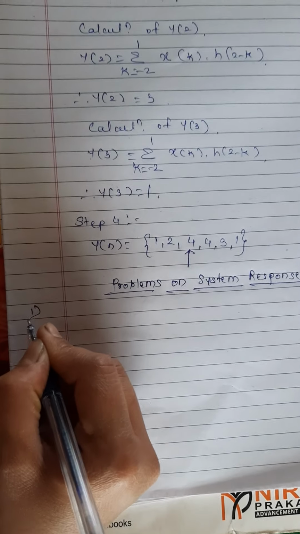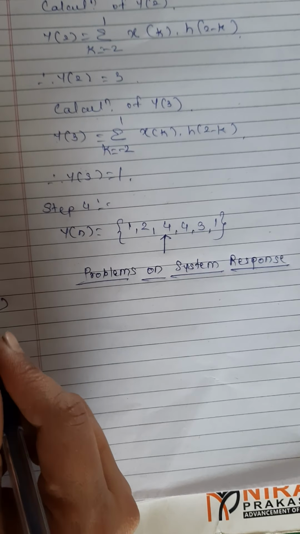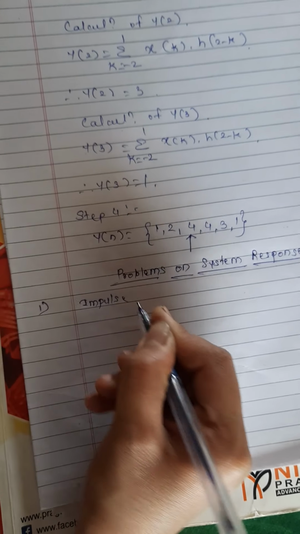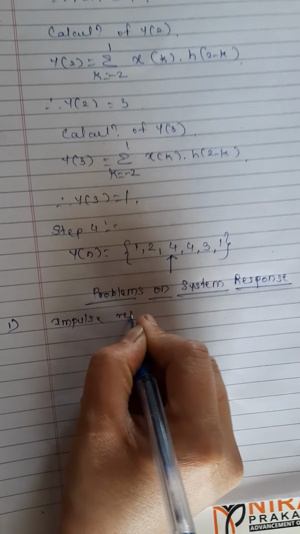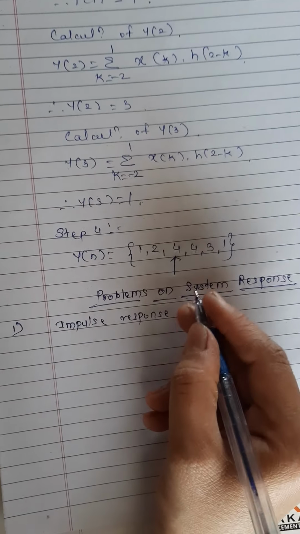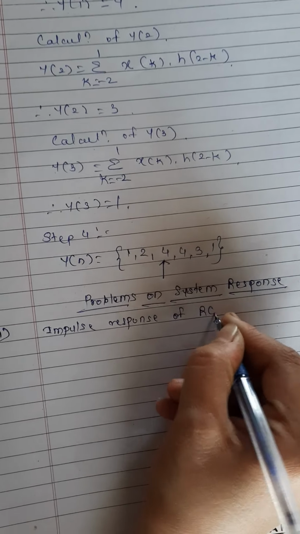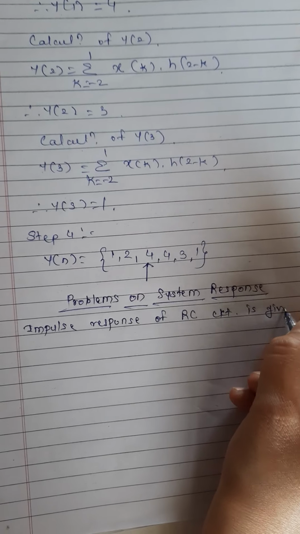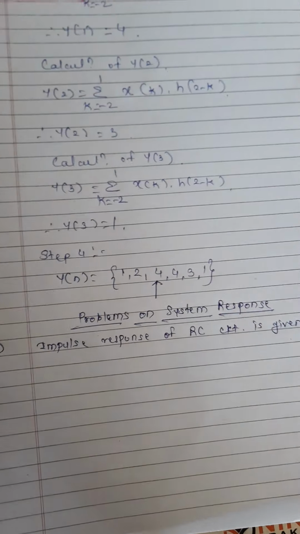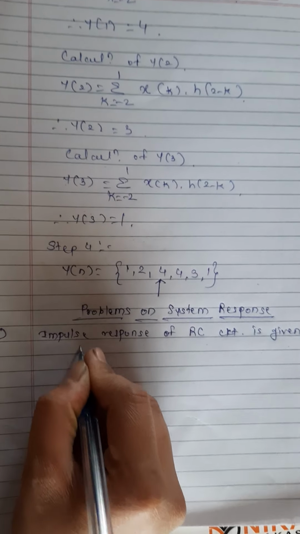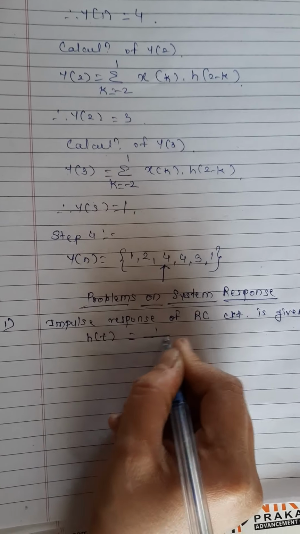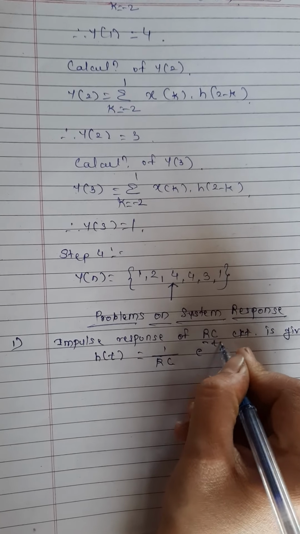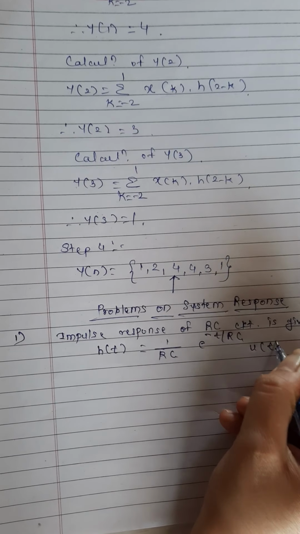So first problem, this type of problem was asked for 6 marks in exam. The impulse response of an RC circuit is given as h of t is equal to 1 by RC e raised to minus t by RC u of t.